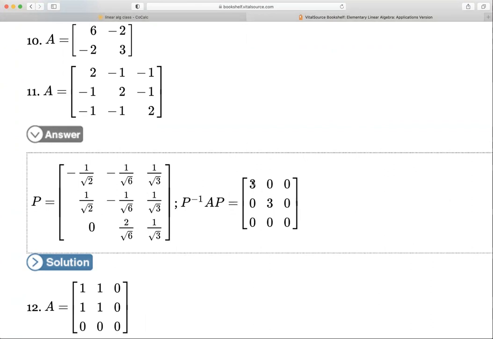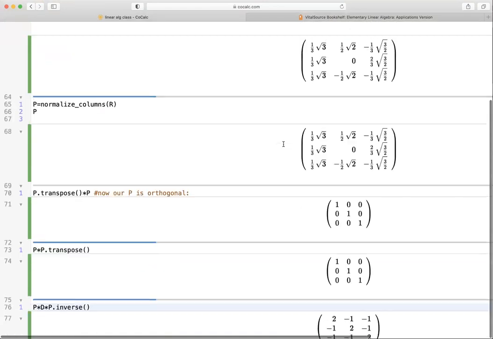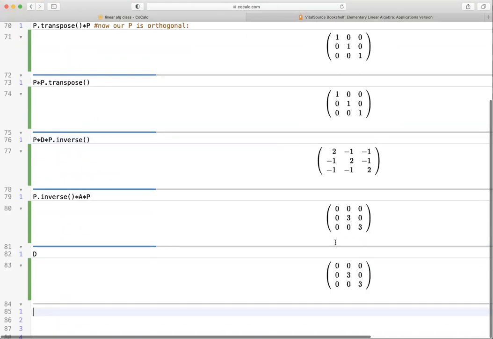Okay, so the answer looks a little bit different, and that's because if you look at the diagonal matrix here, they have it 3, 3, and 0 as listed, and our diagonal matrix here that Sage Math gave, let's ask for D, is 0, 3, 3.